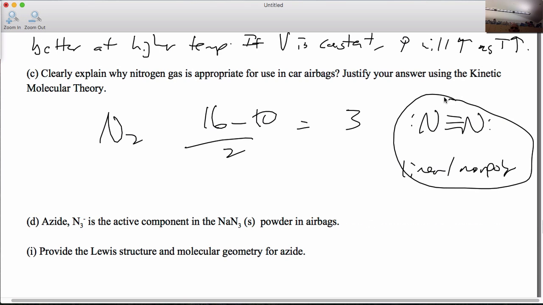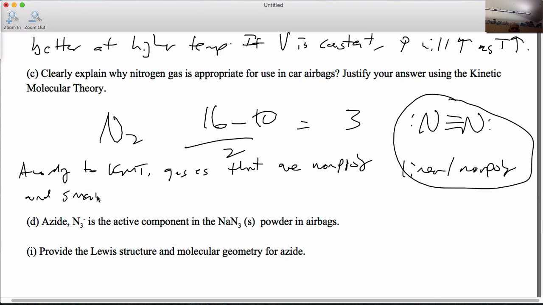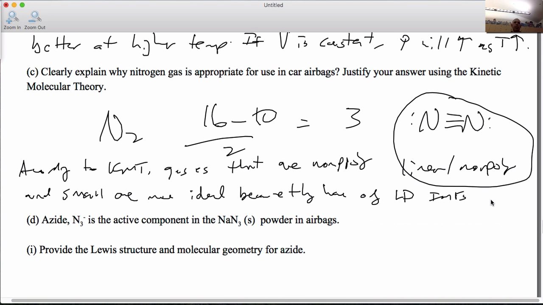According to the kinetic molecular theory, according to KMT, gases that are nonpolar and small, this is actually really small, it's only got 2 energy levels, are more ideal because they have only London dispersion IMFs and thus expand better.